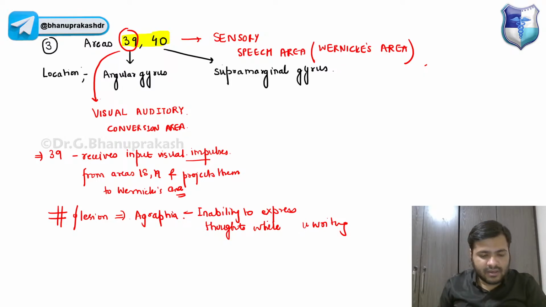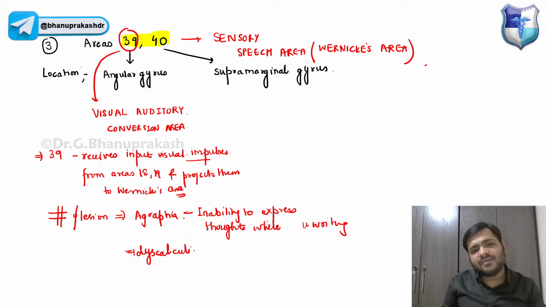dyscalculia. Okay, so what is this dyscalculia? Let me just write this word, dyscalculia. Calculia basically means the calculator, guys. Now this person is unable to do the basic sums.